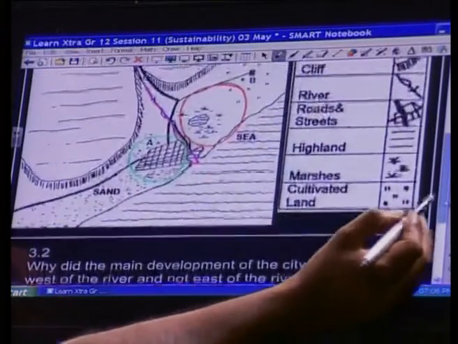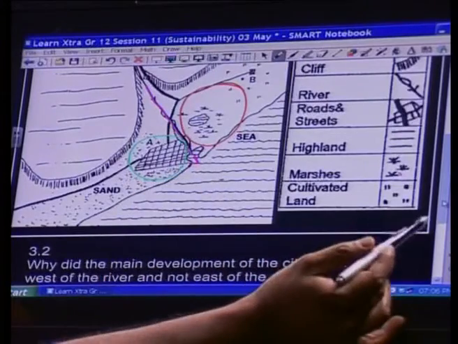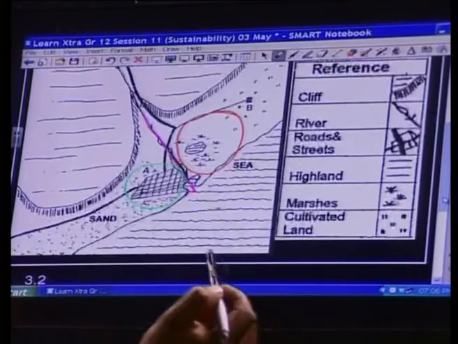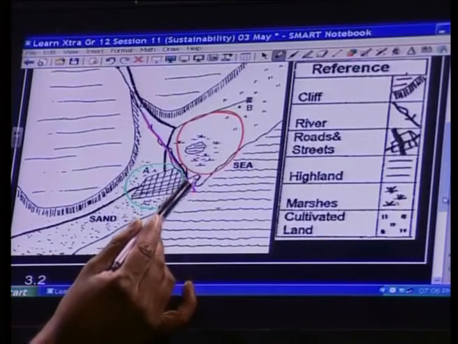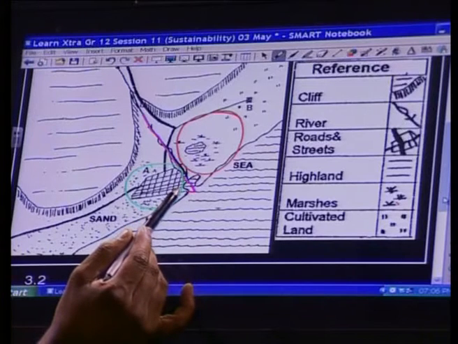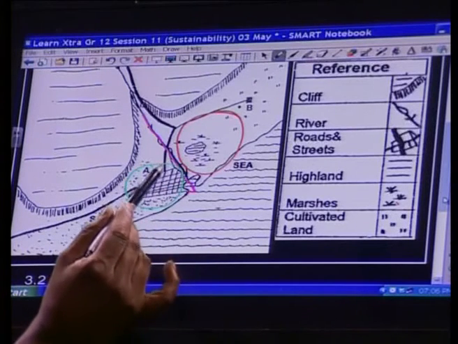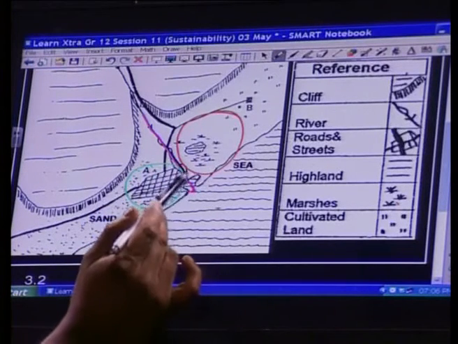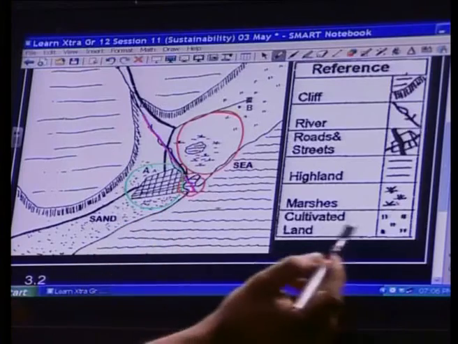A further answer, which is required if we look closely, is the following. If you look at the shape of the inlet, it requires the city to be developed in a certain way. The city serves as a break of bulk point.